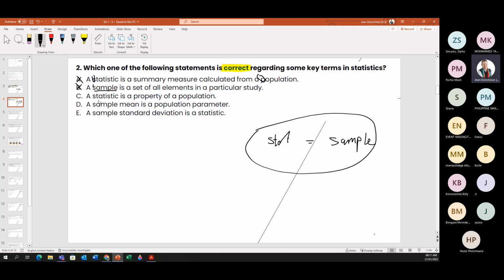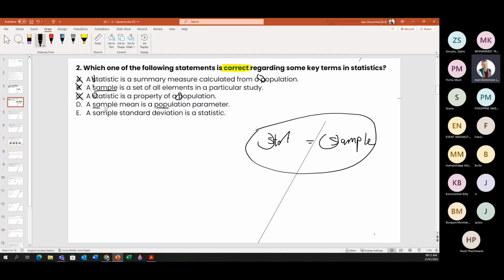A statistic is a property of a population. Again, statistic goes with sample, so it is not population. So it's not the same. It's a statistic is a property of a sample. A sample mean is a population parameter.